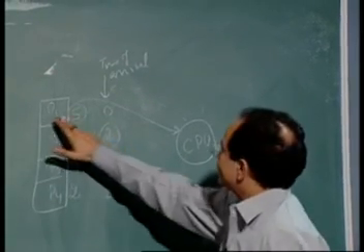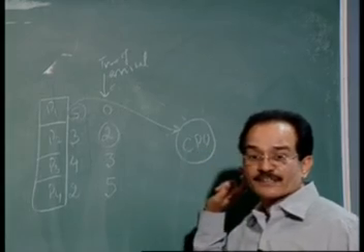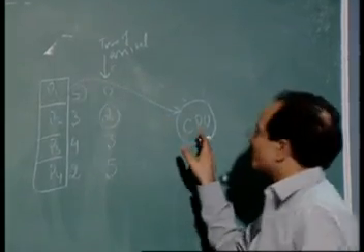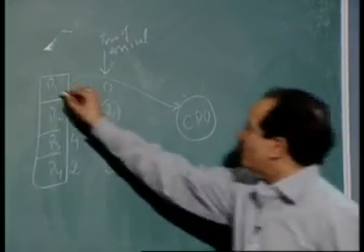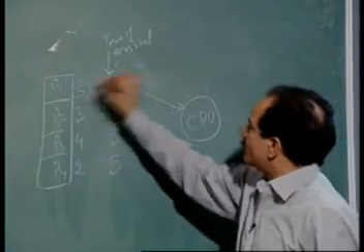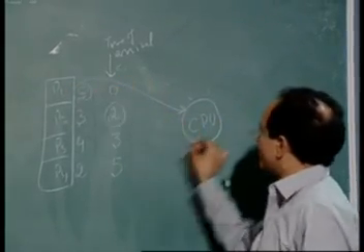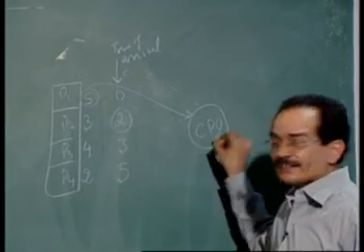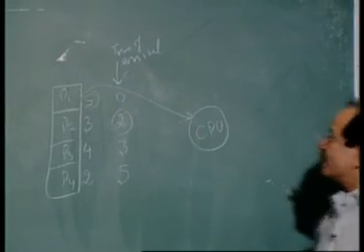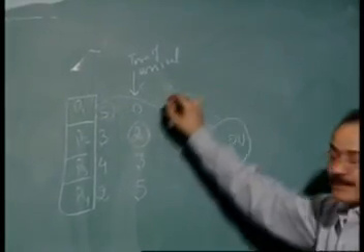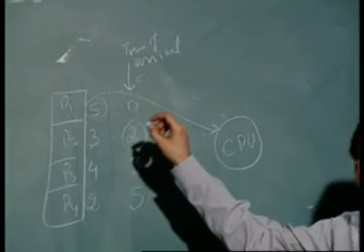But in case P1 is executing and I allow it to execute, that means the P1 job which was executing at this moment continues, then in that case we call it the non-preemptive shortest job first algorithm.